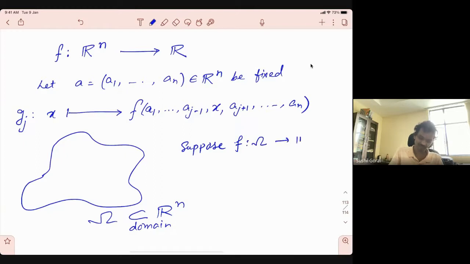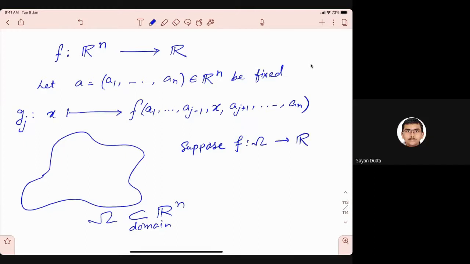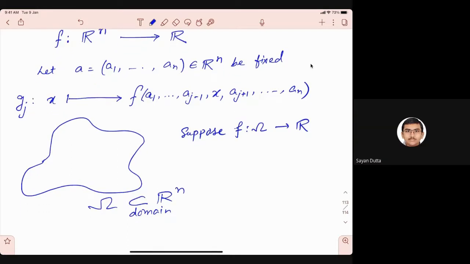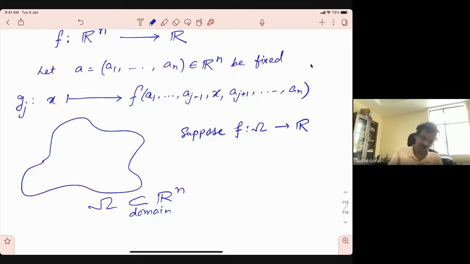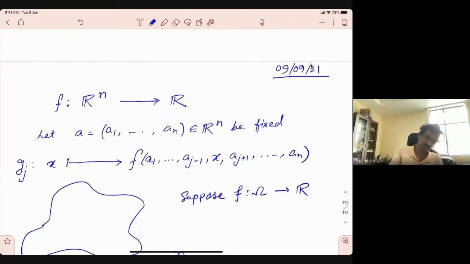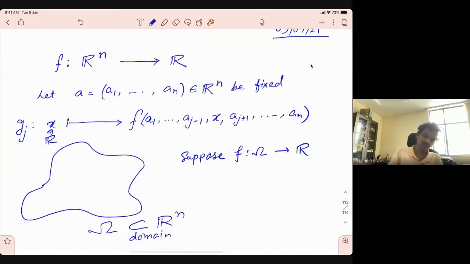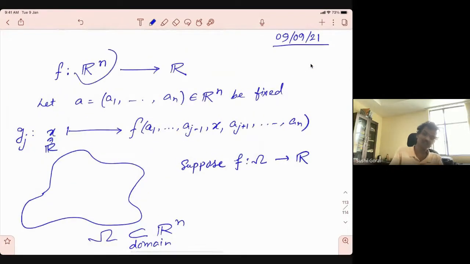Then the domain is the projection pi j of omega, where pi j is the projection on the jth dimension. Here f is defined on the whole of Rn, so there is no problem, and gj is defined on the whole of R. But you may not have the whole of Rn all the time, so suppose there is an omega here.